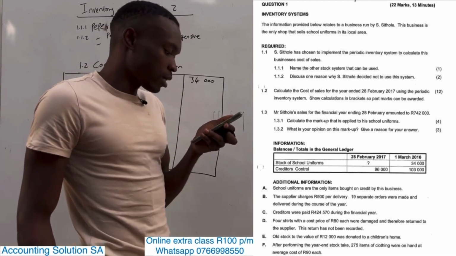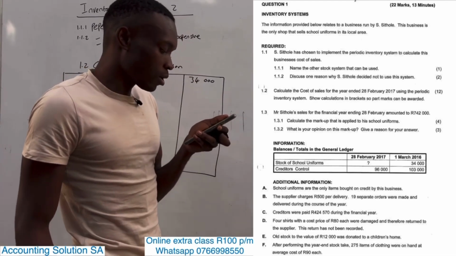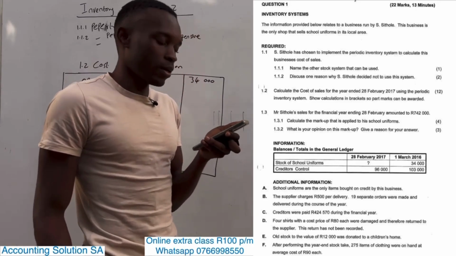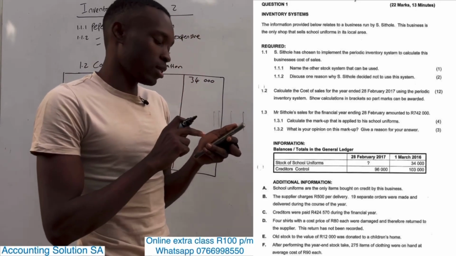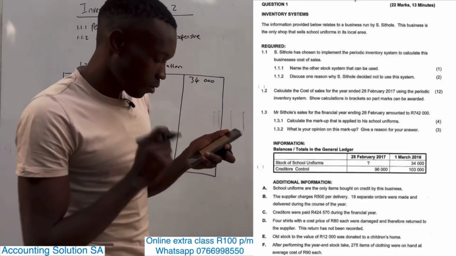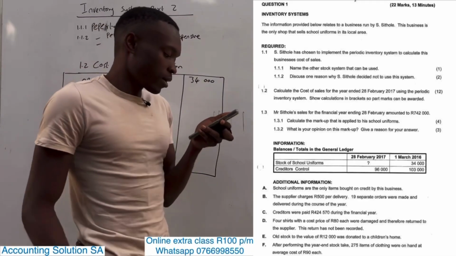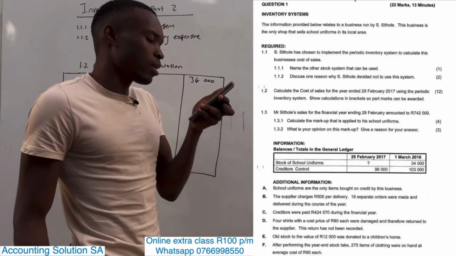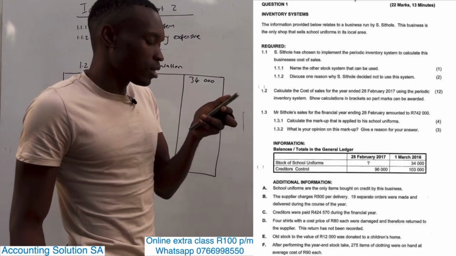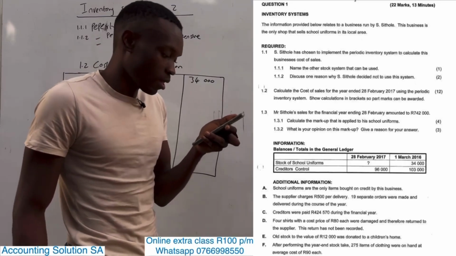Number one, they said school uniforms are the only item bought on credit by this business. We are going to use this instruction. Remember, they give us creditors control, opening and closing. We have to adjust them. The supplier charged 500 per delivery and 19 separate orders were made and delivered during the course of the year.